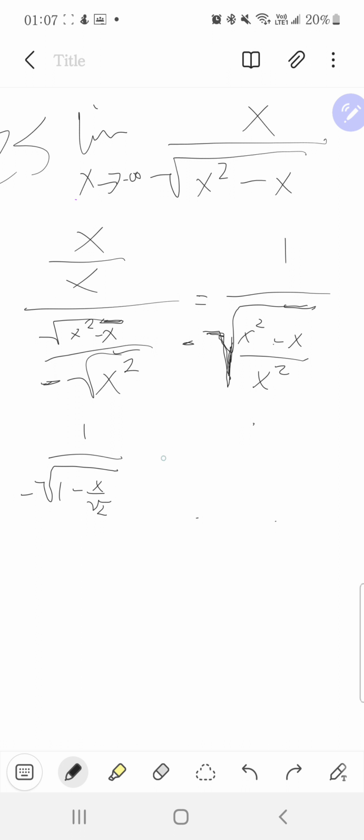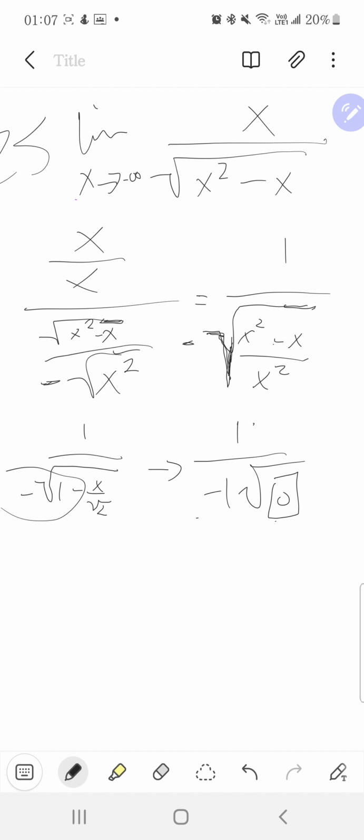So we have to ask, what does everything approach as x approaches negative infinity? Well, 1 is just going to stay at 1. This one can go outside the radical, so this one becomes negative 1. And then this next part that's in the radical still will essentially go down to 0 as x approaches infinity.